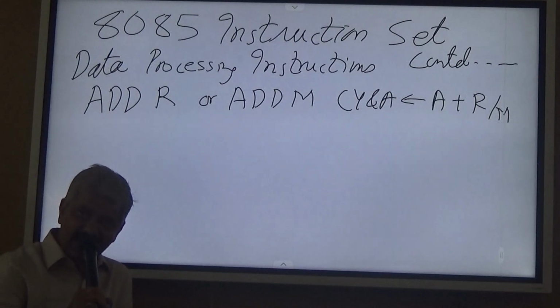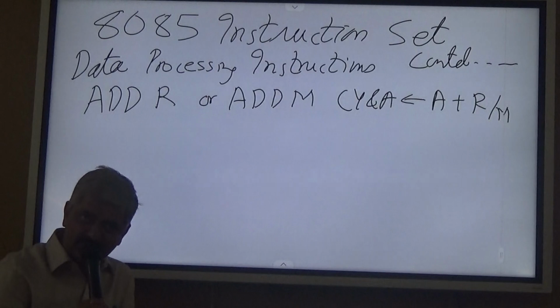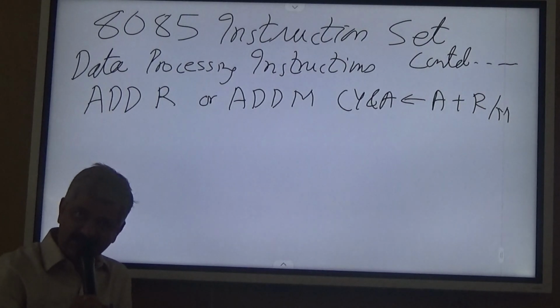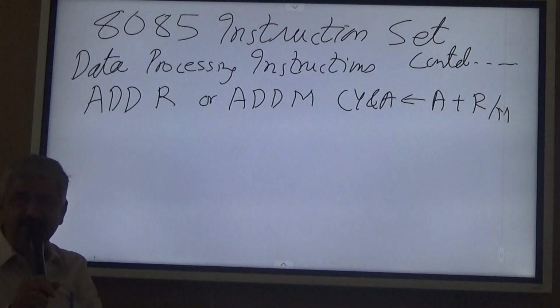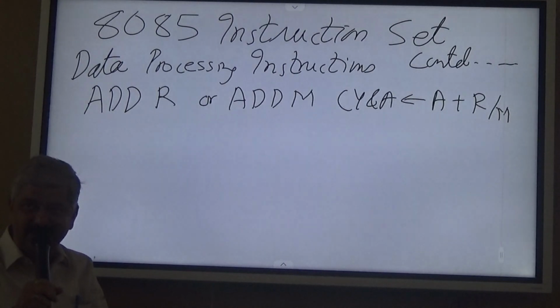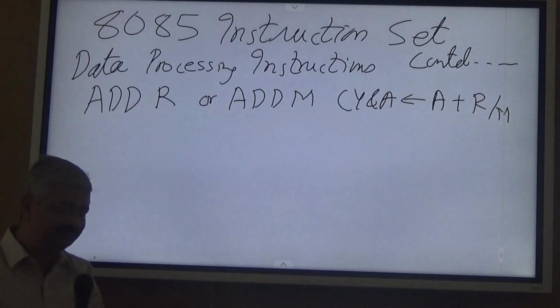Only accumulator is one of the default source and default destination. The programmer can specify one other source, and carry is also a default destination because addition of two 8-bit numbers can be a 9-bit number. Is it okay? I think it's quite simple.